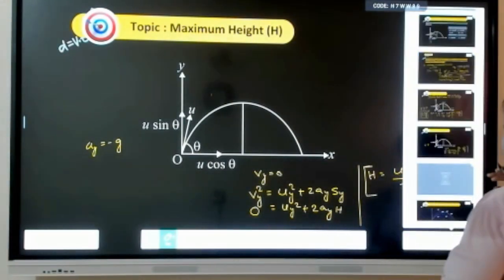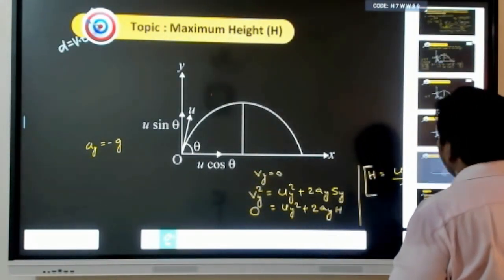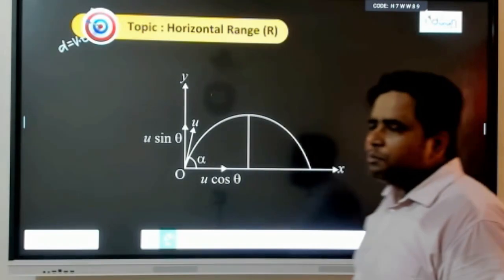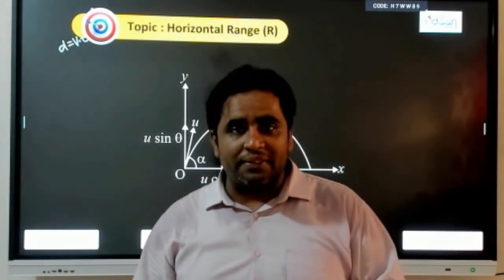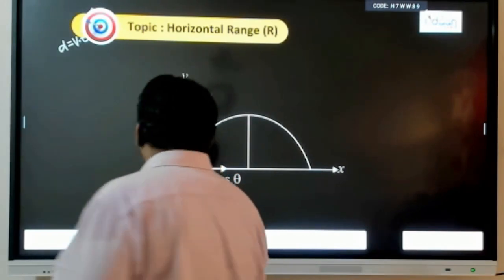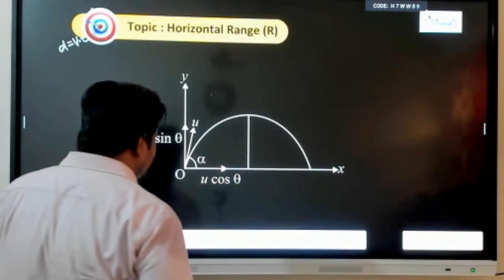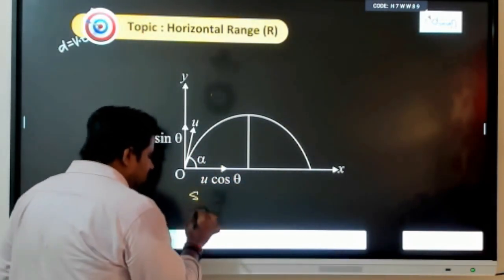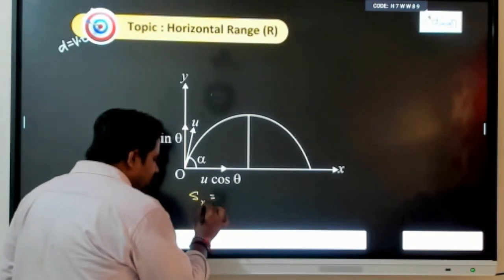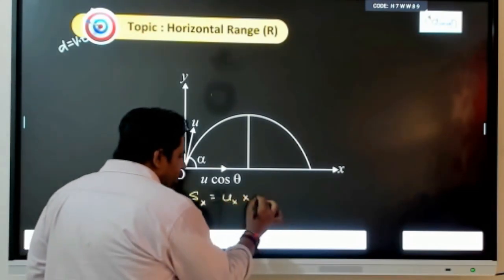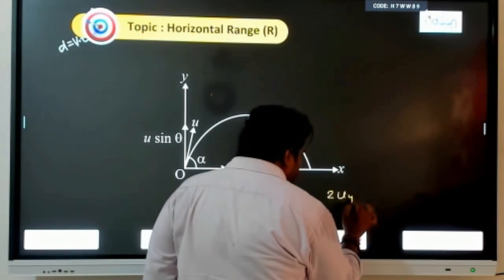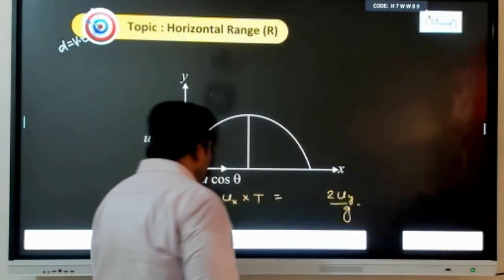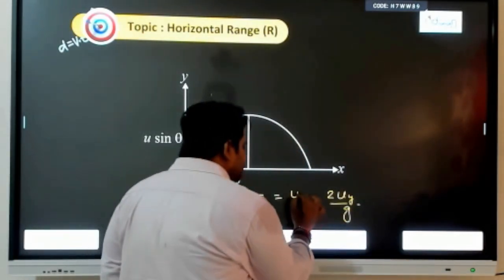Now let us move to the next part. It is horizontal range. Horizontal range means the distance which the object has covered in the x direction. In the x direction, don't you think the motion was uniform motion? So displacement in the x direction will be written as ux into t. And what value of t have you found out? It is 2uy by g. And the value of ux here is ux.